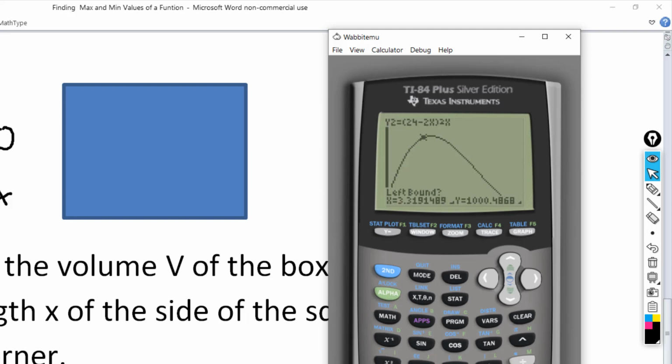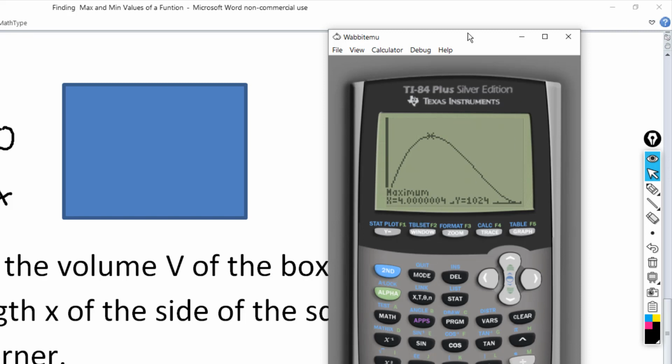So hit 4. And I want the left bound, so I want it to the left of that point. I hit enter. Now go to the right past that point. Hit enter again. Again, the guess you can ignore. Hit enter.